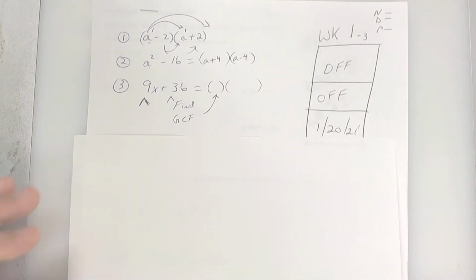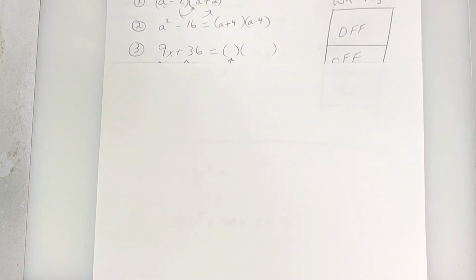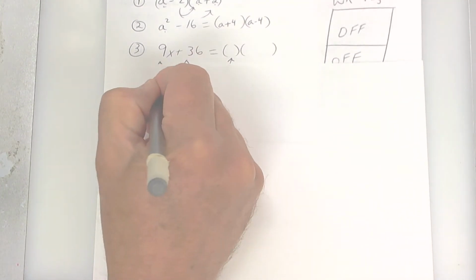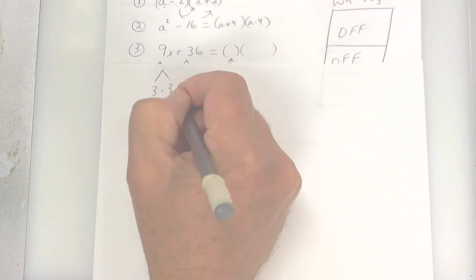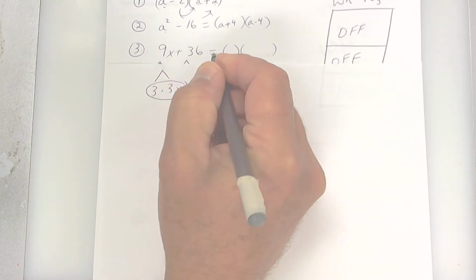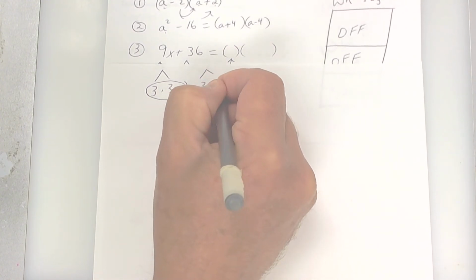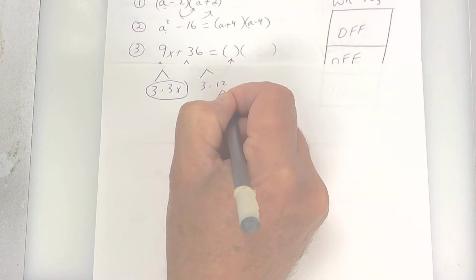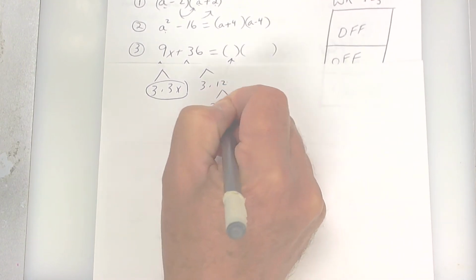This one right here is the greatest common factor. You're going to break up that 9. 3 times 3, and then the x. This one right here, you're going to go 3 times 12, 3 times 4, and 2 times 2.